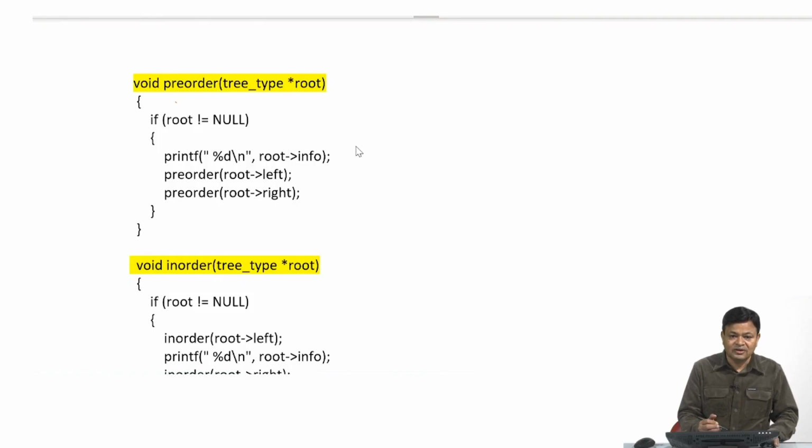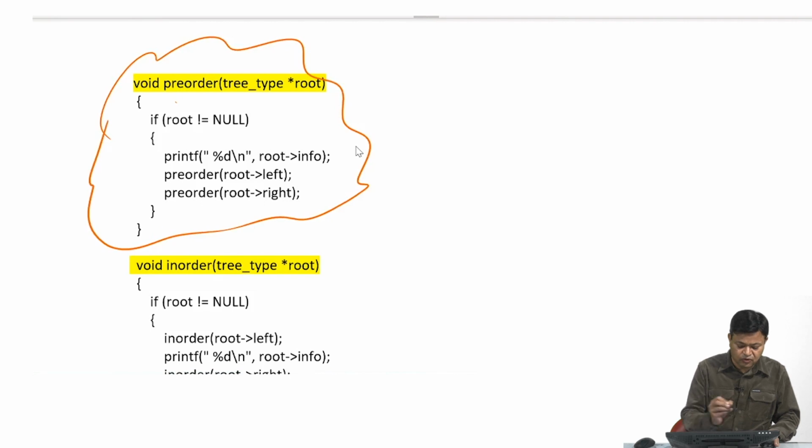Now let us discuss a recursive function for pre-order. This is a recursive function for pre-order. What is the terminating condition? Whenever root becomes null, we return to the calling function. Otherwise, if root is not equal to null, we print root arrow info, which means we are processing that node, and then we call pre-order with root arrow left.